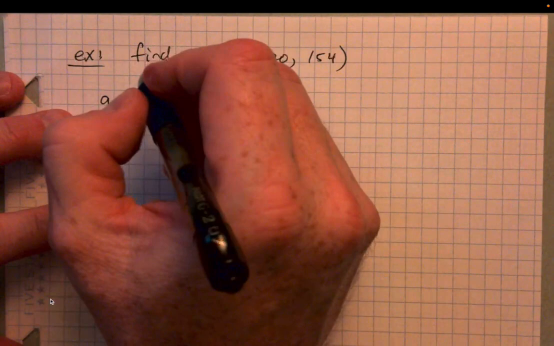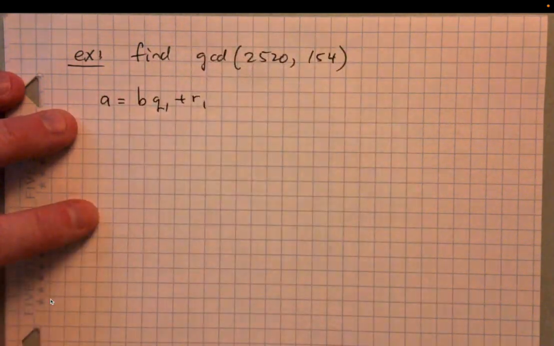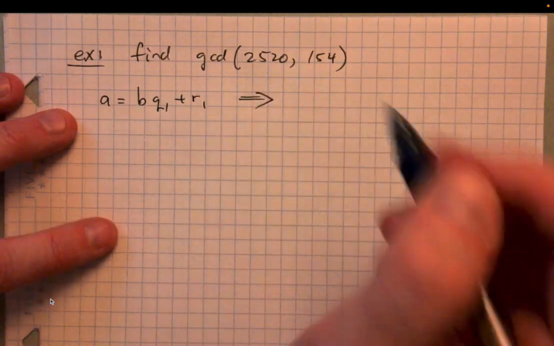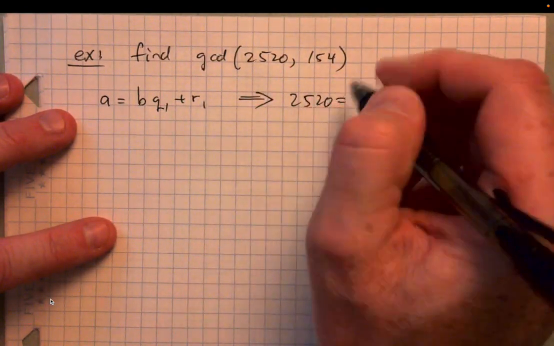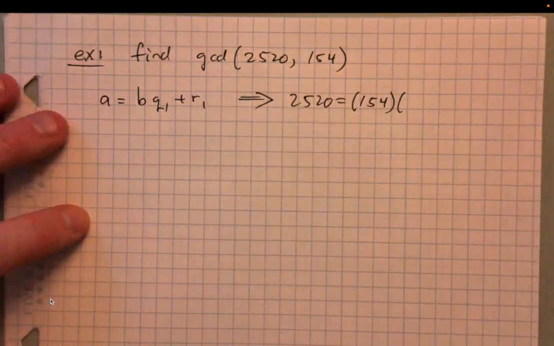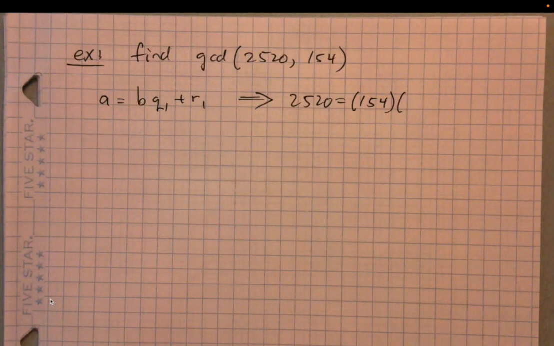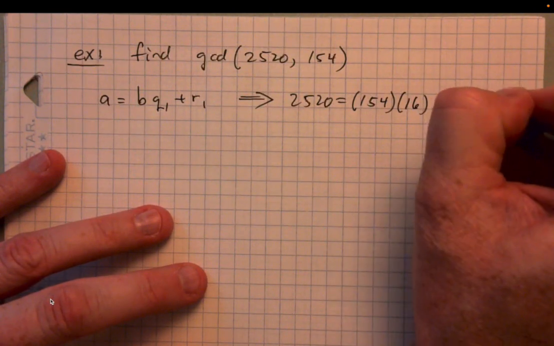All right, so let's start with the first line. The first line we would say A equals BQ1 plus R1. So what is that? Well, we would start with 2520 equals 154 times, what's the first quotient? Well, 154 goes into 2520 16 times, it turns out, and the remainder is 56.